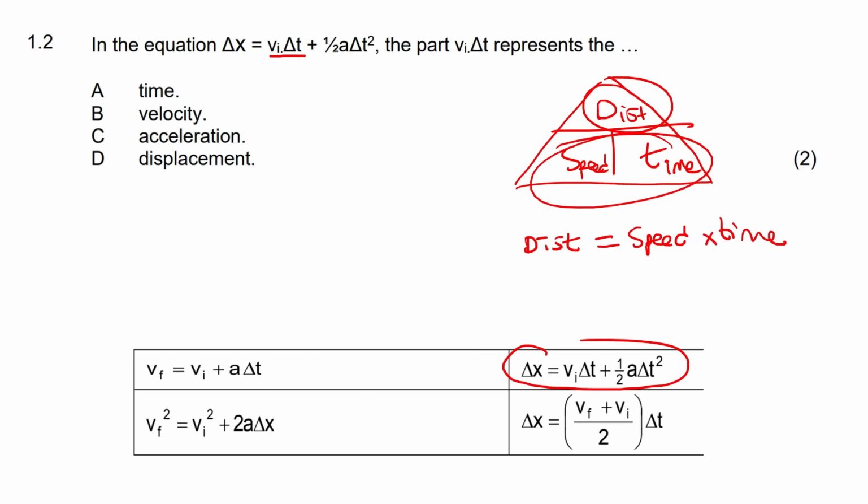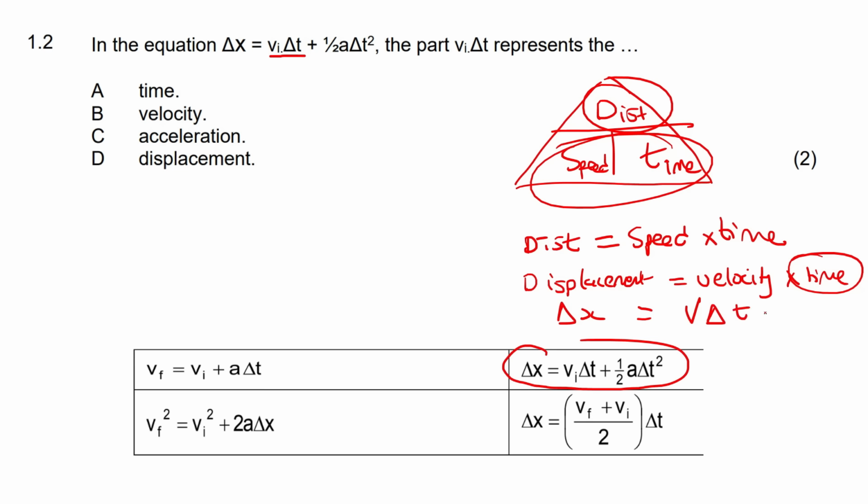So let's now switch all of that for the vector values. What is the vector of distance? Well, the vector of distance is displacement, and the vector of speed is velocity. Okay, now in symbols, displacement is often shown with an X, and velocity is often shown with a V, and then time is often shown with a delta T, for example.